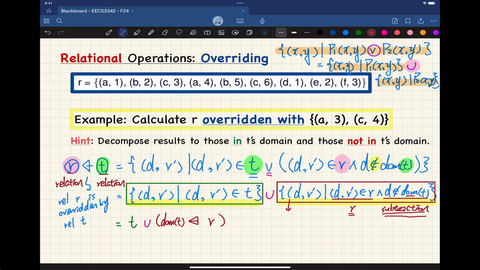The way to understand relational overriding, of course, is to understand the formal definition, number one. And then we can do some nice rewriting into union, and each part individually is easier to see. It's a union of T, the second operand over here, and also the first operand here, but domain subtracted by the domain of T. That's something you want to keep in mind.